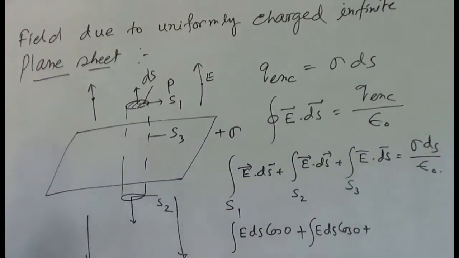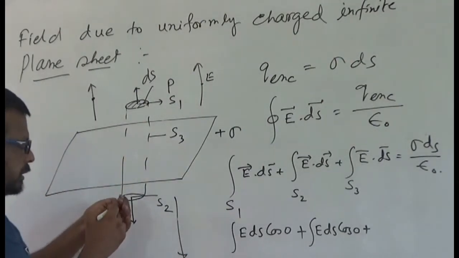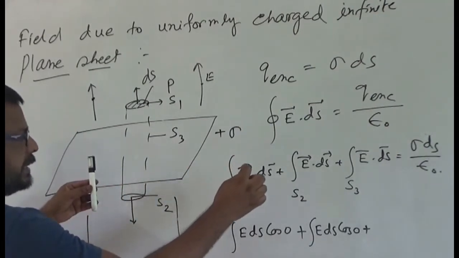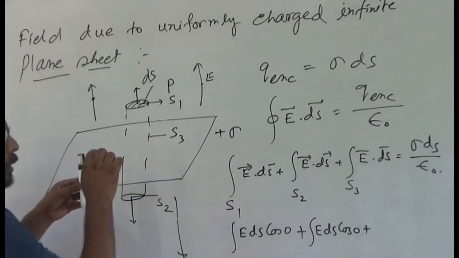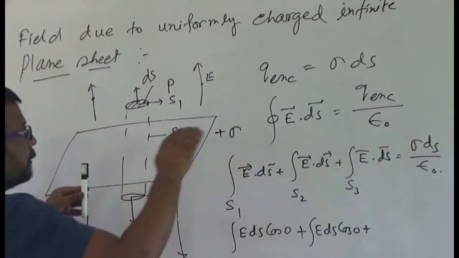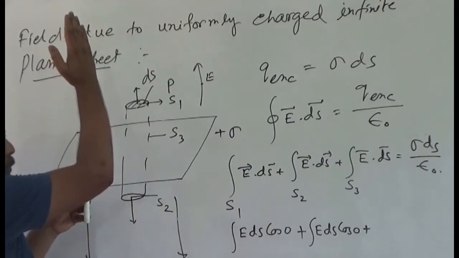But for the curved surface, the surface area is perpendicular in this direction, that is, you can say horizontally parallel to the surface, but the electric field is perpendicularly away from the surface.